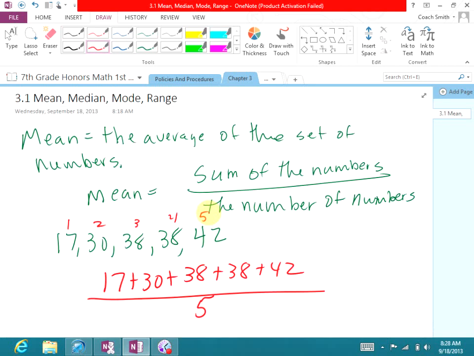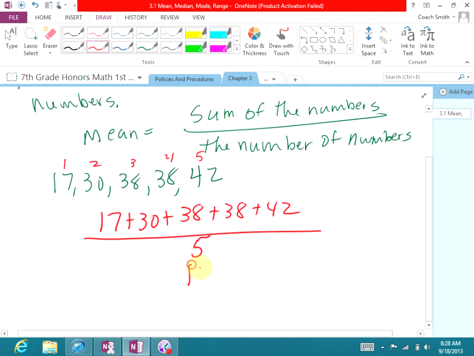Basically there you've got 80, 118, 148, 165. So it's 165 over 5. Oh, what's the answer? 33.